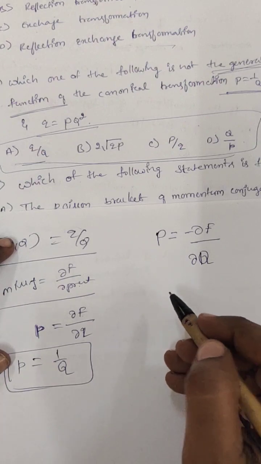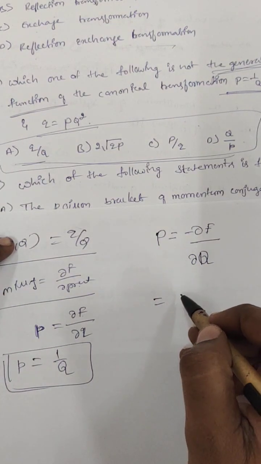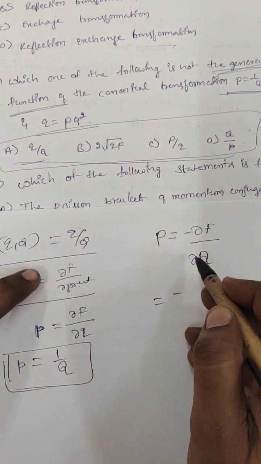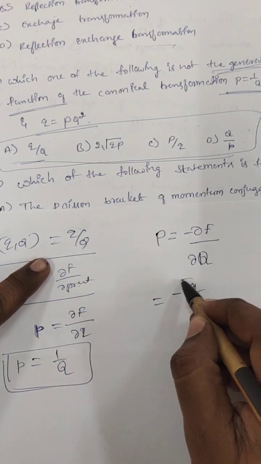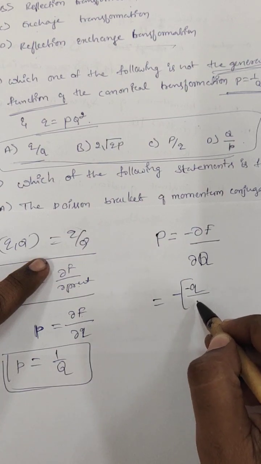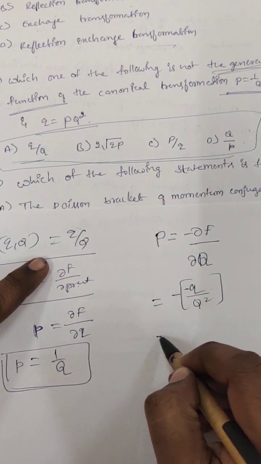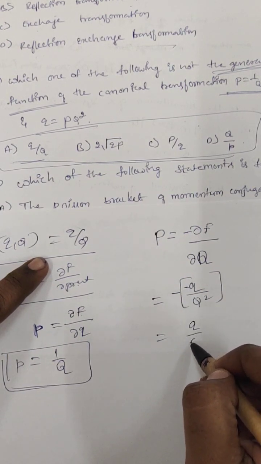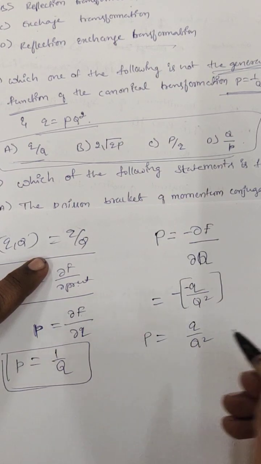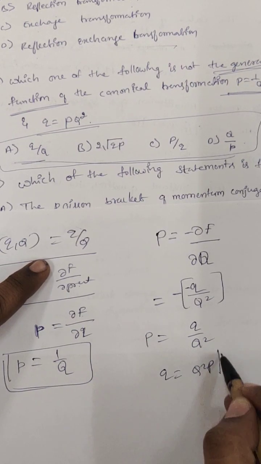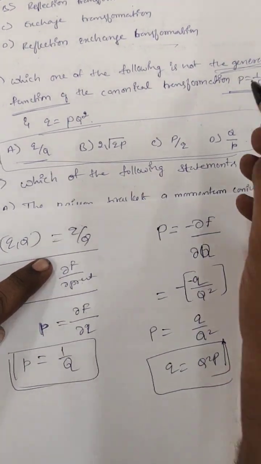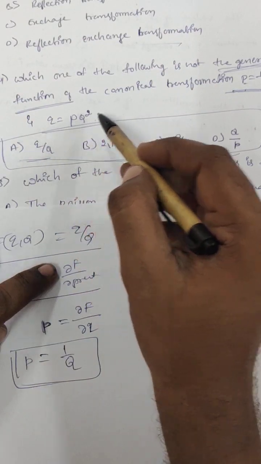If we differentiate this with respect to Q, we will get minus q by Q square. So minus into minus gives plus q by Q square, this is capital P. Therefore Q is equal to q square into P. They are given p is equal to 1 by q and Q is equal to P q square.